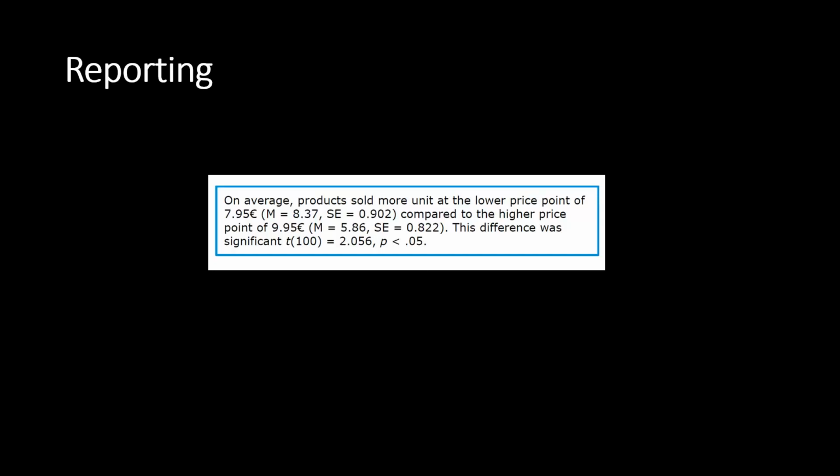So on average, products sold more units at the lower price point of 7.95. You report the mean and standard error compared to the higher price point of 9.95. Again, you report the mean and standard error, and this difference was significant when you report the t-statistic, p-value, and degrees of freedom.